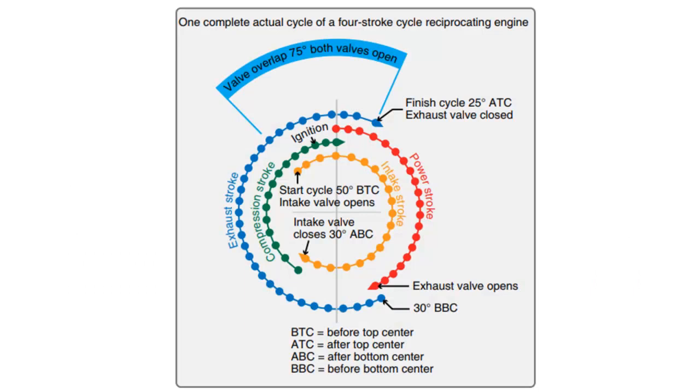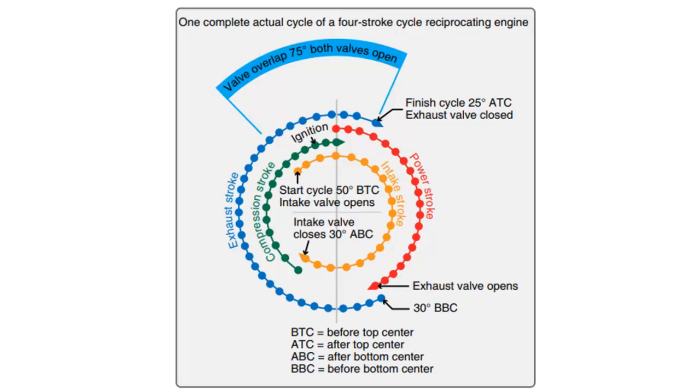This is another really interesting representation of what's going on with the valves during the four-stroke cycle. It's interesting to note that the valves don't open and shut right at top dead center and bottom dead center of that four-stroke cycle. They lead things just a little bit and lag, and we call that valve overlap.